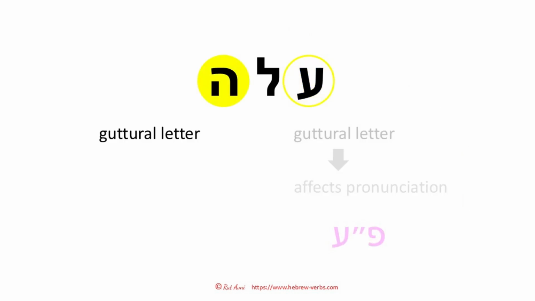Okay, now we come to the next one. Here we see there's also a guttural letter on the hey. Is this also affecting pronunciation? Well, no, it's affecting conjugation. Hey at the end affects the conjugation in every single binyan.